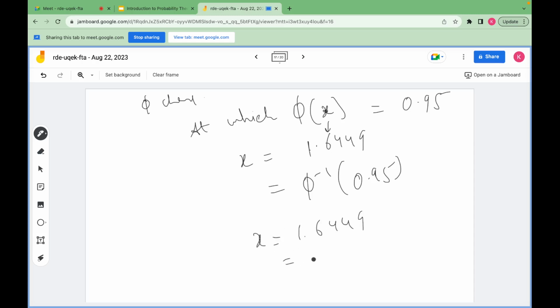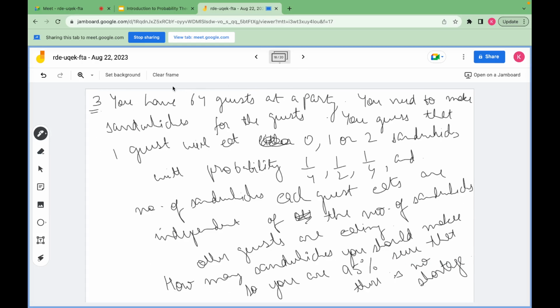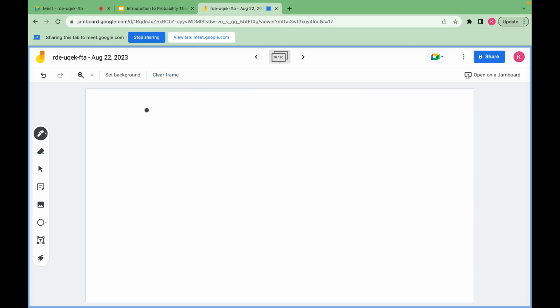This is nothing but small y minus expectation of y upon sigma y. Here this small y is the number of sandwiches we make. So what are we finding?